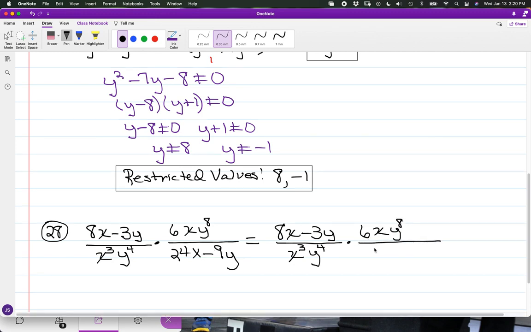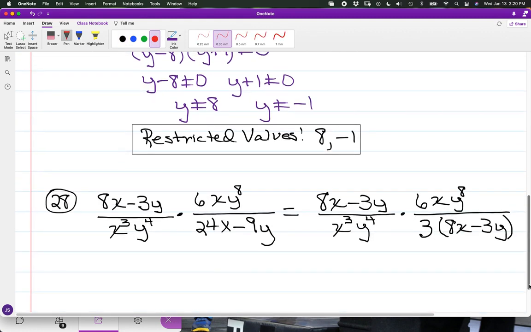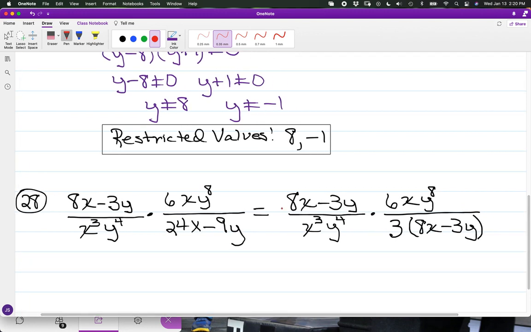And for 24x minus 9y, we can factor out 3, and we have times the quantity of 8x minus 3y. Notice we have 8x minus 3y in the numerator of the first fraction, and also in the denominator of the second fraction. So we can get these to go out.